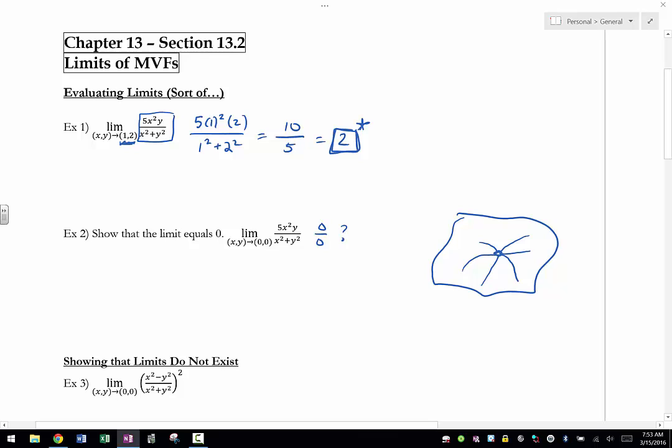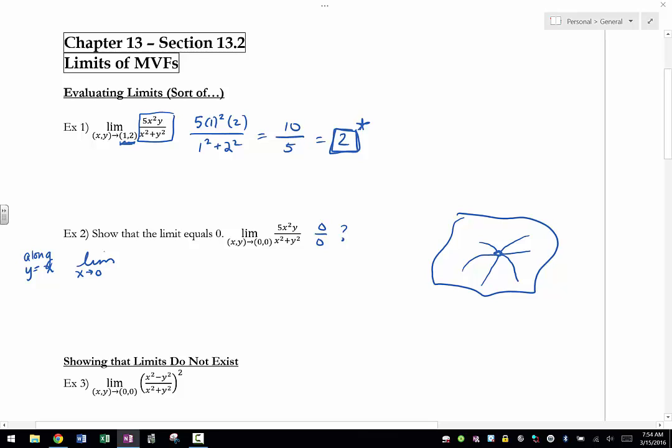You can approach it from different lines. So as I go to plug in (0, 0), I get 0 over 0. I don't know what to do. So what I'm going to do next is take the limit as x approaches 0 along the line y equals x. So you choose a line that goes through the point in question, and then you do substitution.